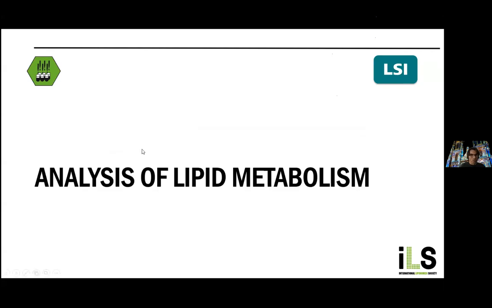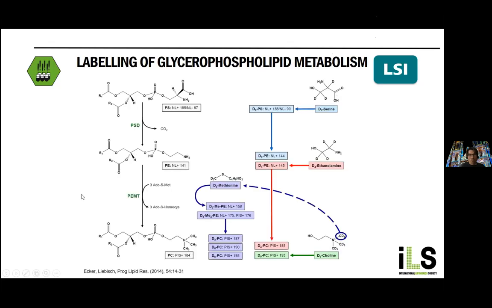So at the end, just one word to potential applications, because I like this type of application very much. You can use shotgun methods easily to follow metabolism. Here is one part of the major pathways of glycerophospholipid metabolism.